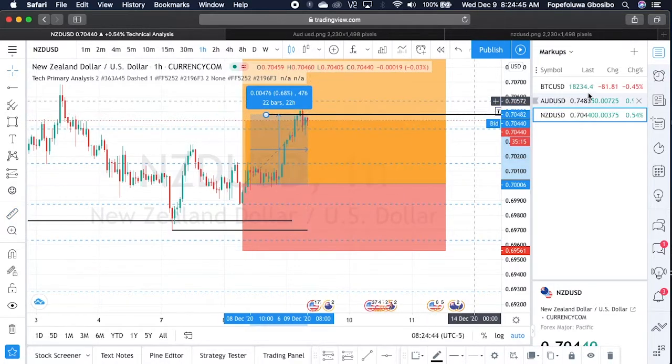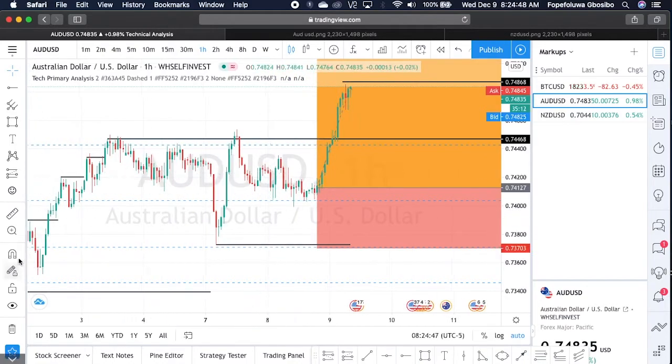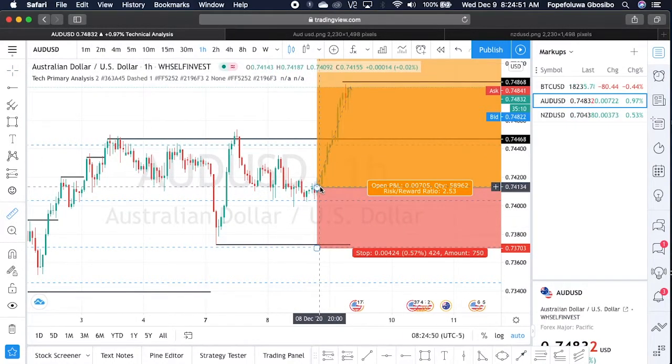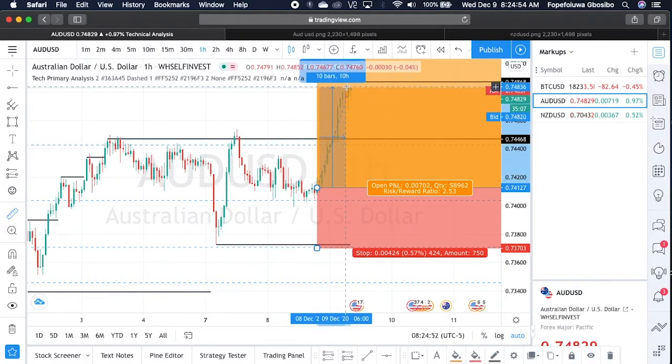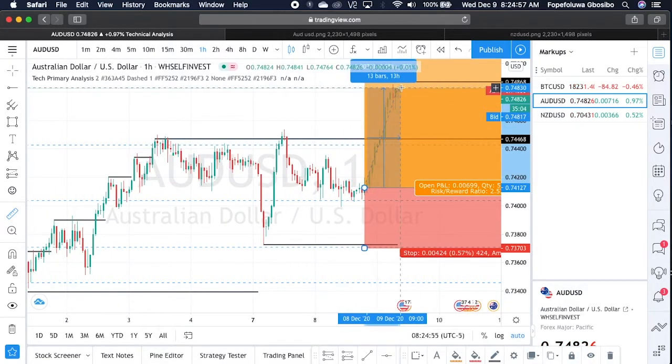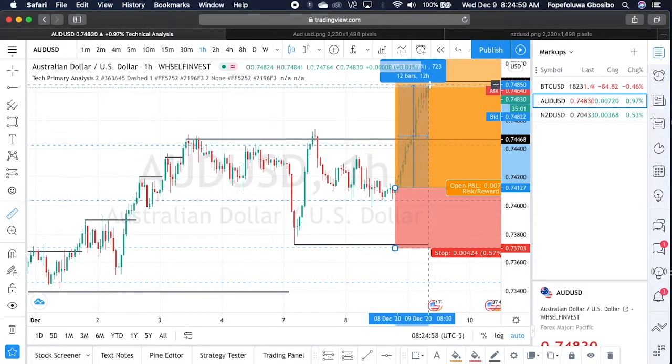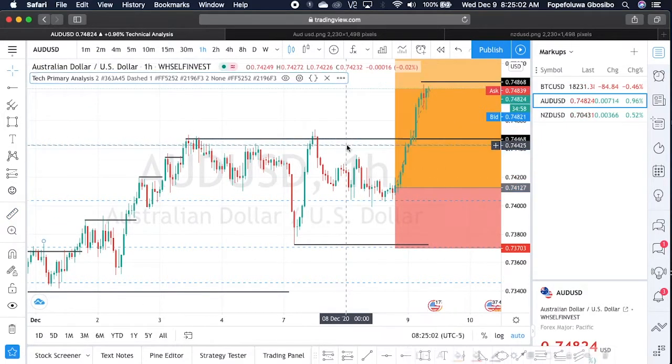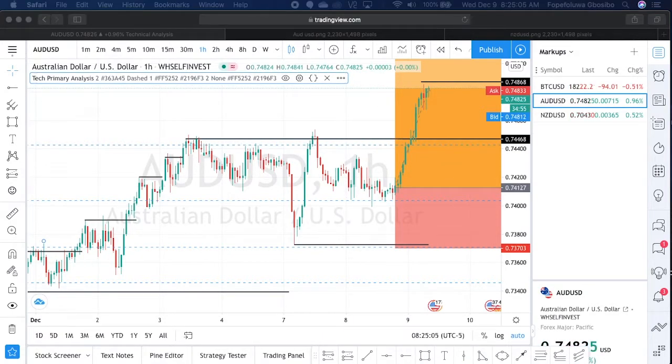I had 47 pips on NZD USD, and I had 72 pips on AUD USD.